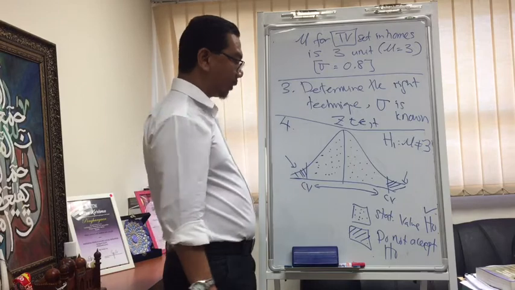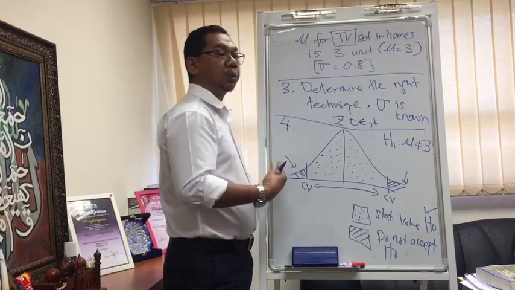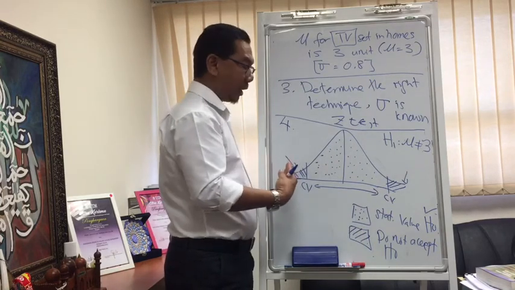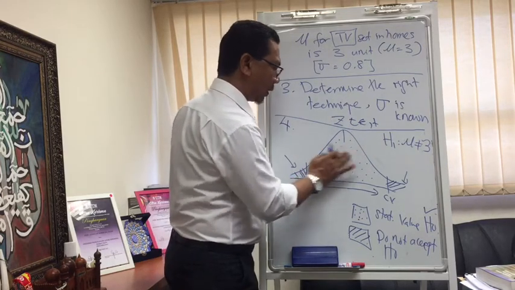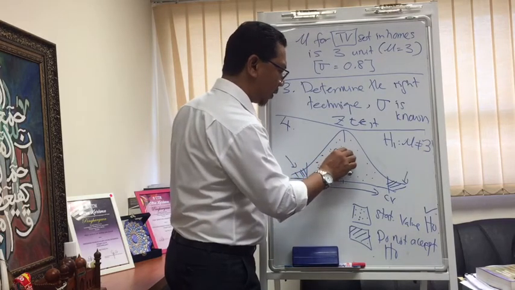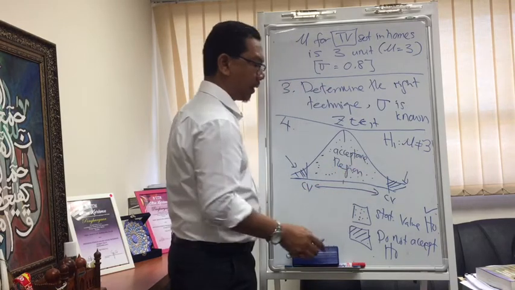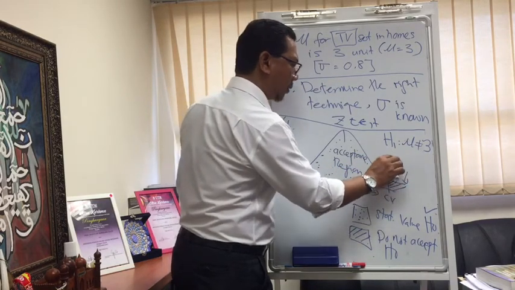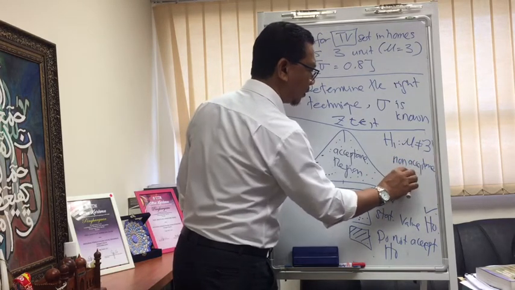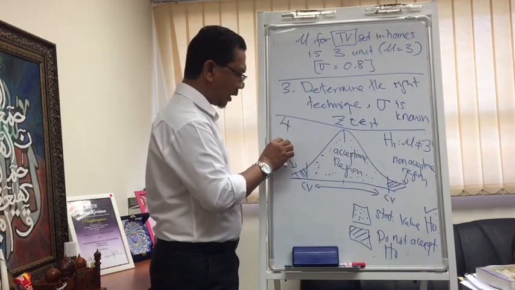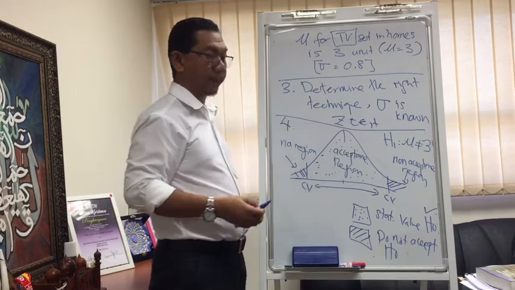So the function of the critical value is to differentiate the acceptance region from the non-acceptance regions. This area we call the acceptance region, and these two areas we call the non-acceptance regions.